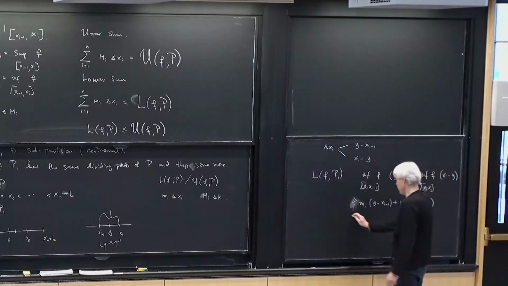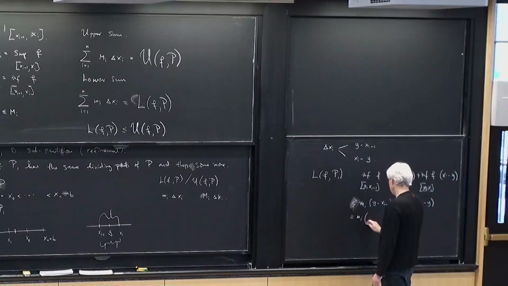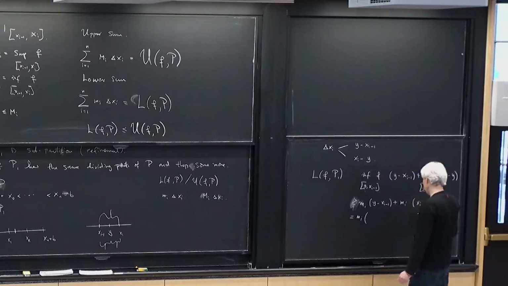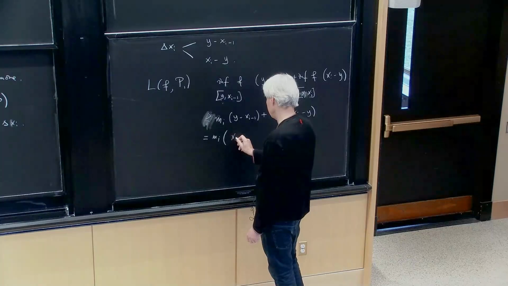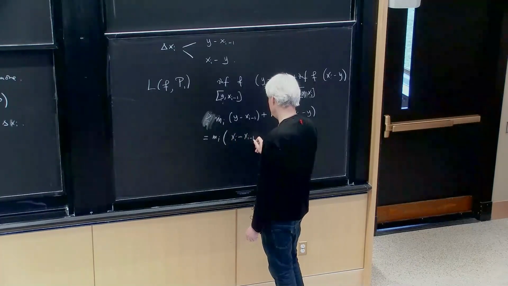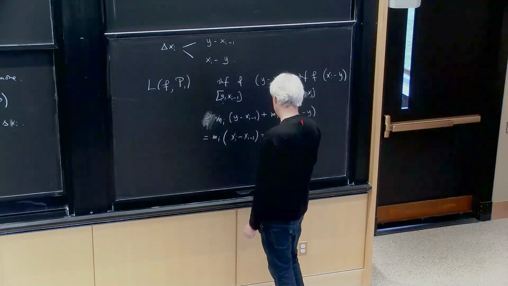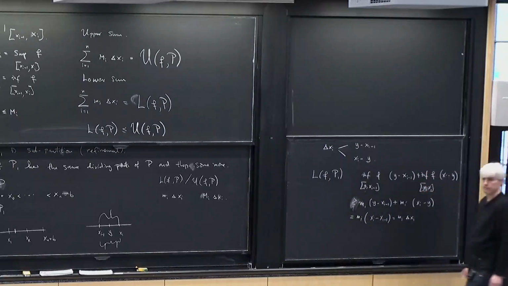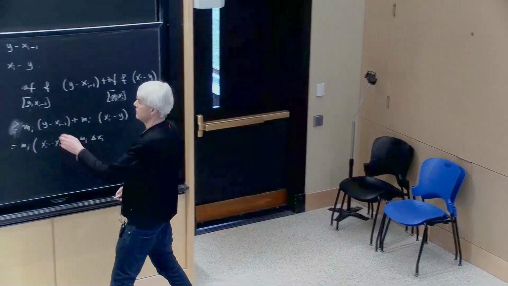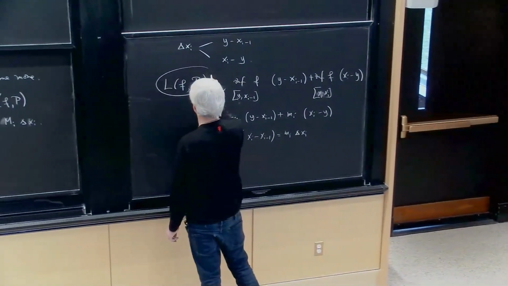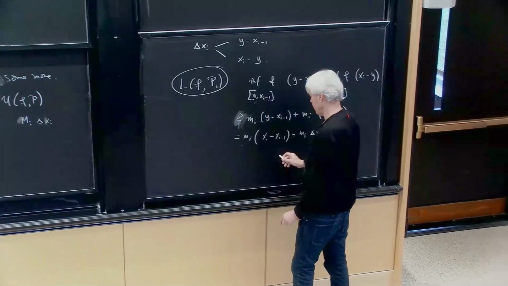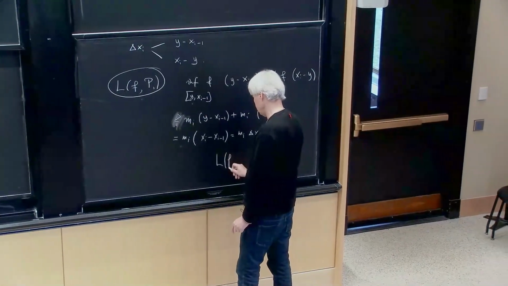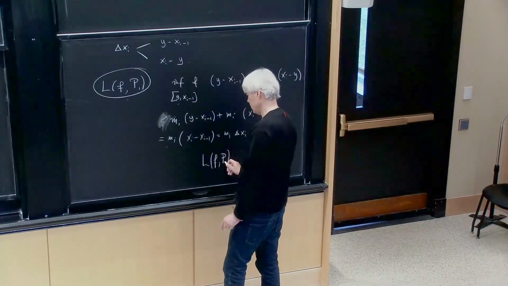Now you can just factor out mi, and when you add these two together, you see that this gives you exactly xi minus xi minus 1, so this is little mi times delta xi. So the contribution that you get on this little interval for this is larger or equal to the same contribution that you get from the original.